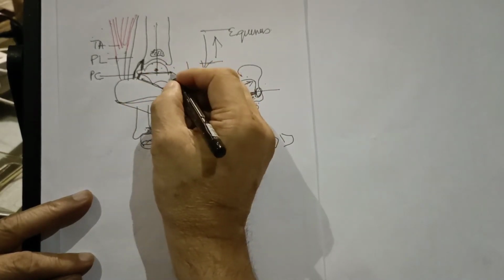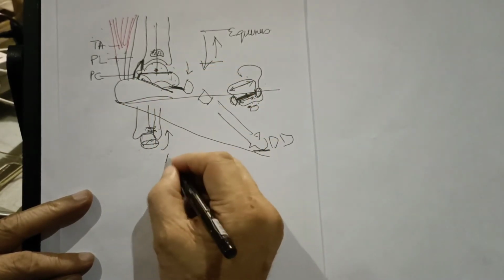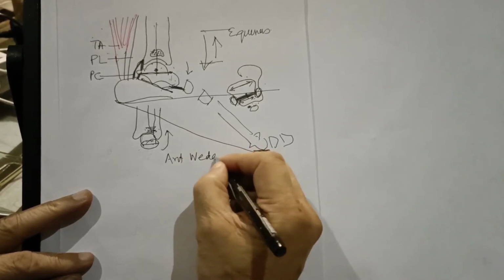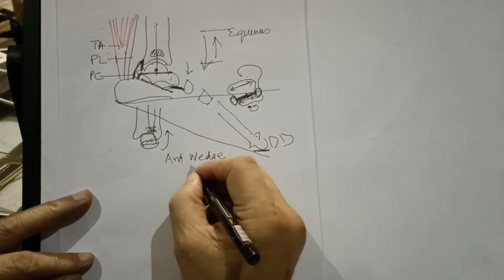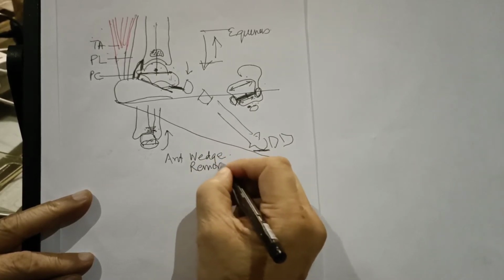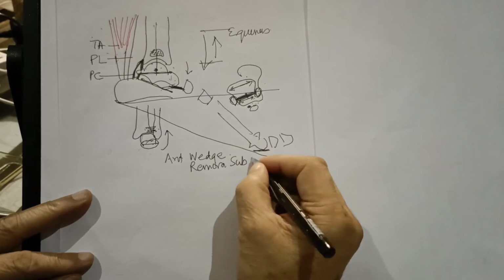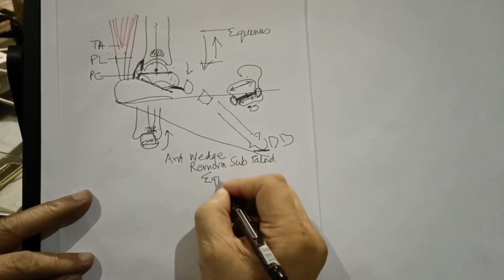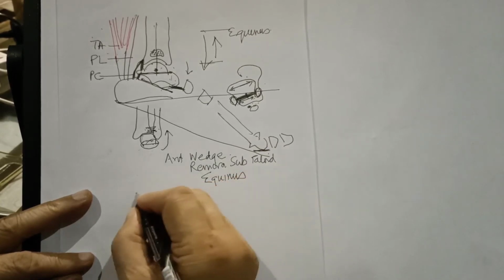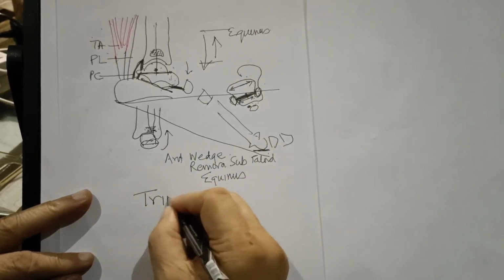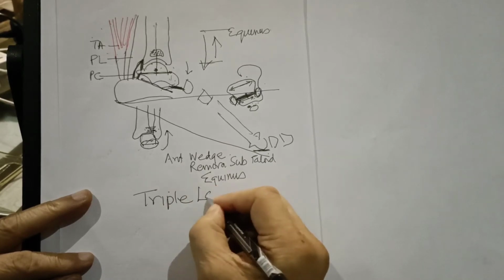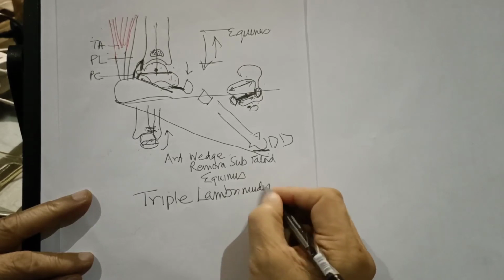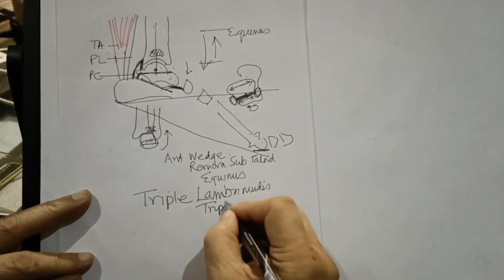This anterior based wedge removal from the subtaloid joint is done to correct equinus and is a part of Lambrinudi triple arthrodesis.